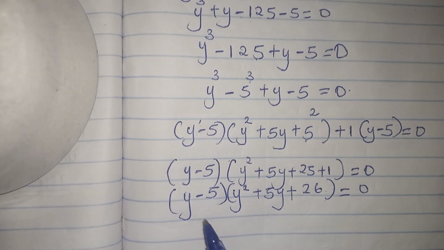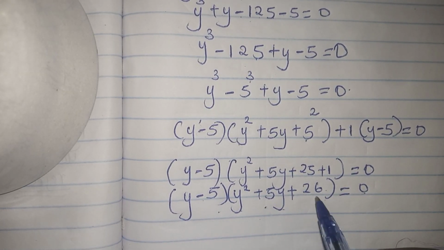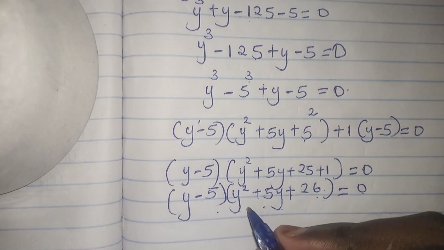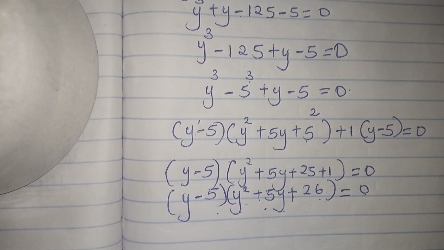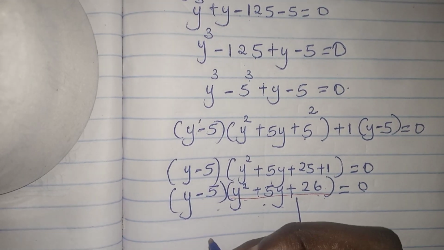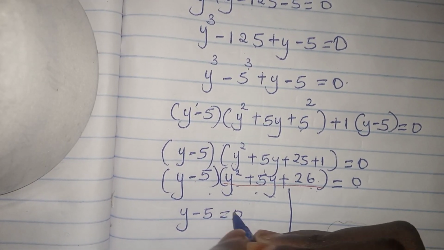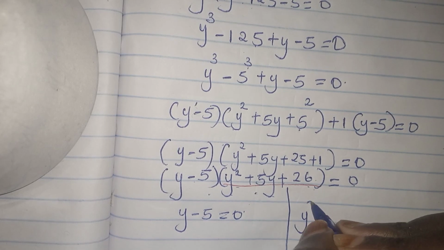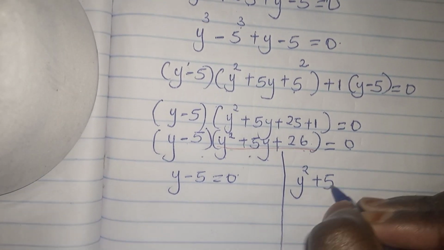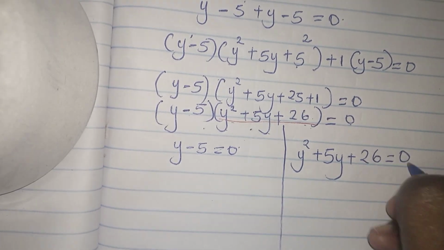So we will equate y minus 5 with 0 and y squared plus 5y plus 26 with 0. So this is a quadratic equation. So let's begin. y minus 5 is equal to 0, and y squared plus 5y plus 26 is equal to 0.